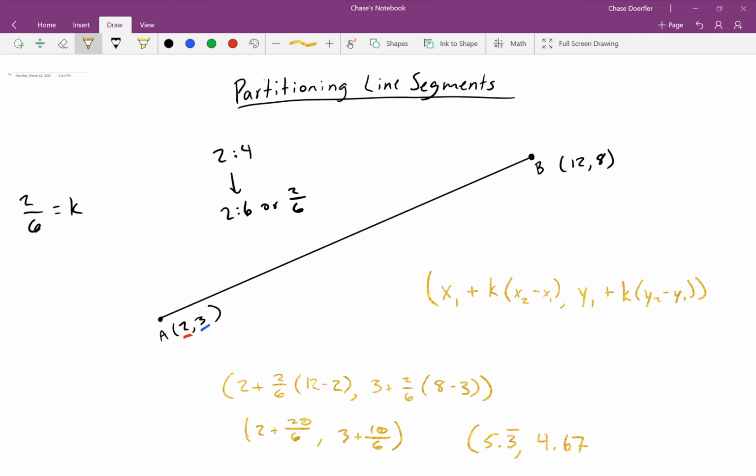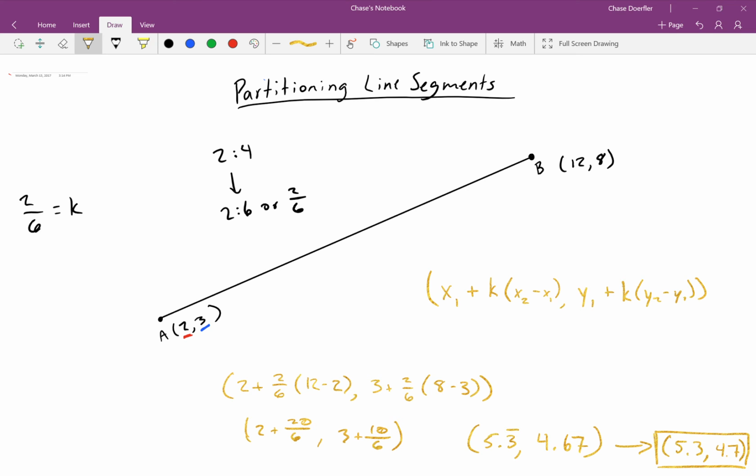And if I were to round this to the nearest tenth, it would be 5.3, comma, 4.7. And that will be my answer.